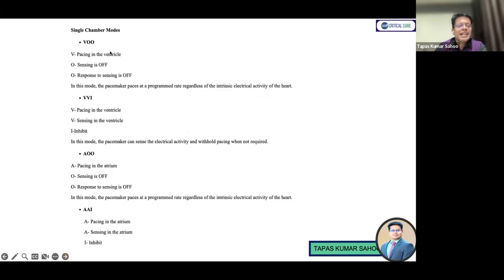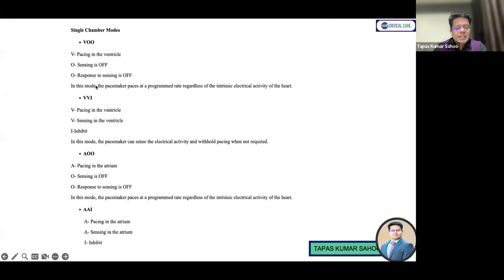And these are some of the single chamber modes: VOO, VVI, AOO, AAI. So you have to remember. I am just giving you the example of VOO. V means the first one is pacing, so pacing is in the ventricle. O means sensing is off. O means the third one, response to sensing, is off.